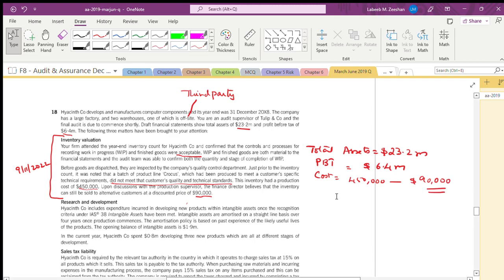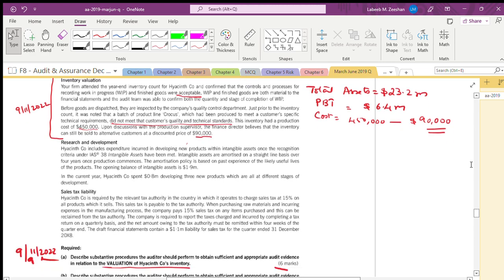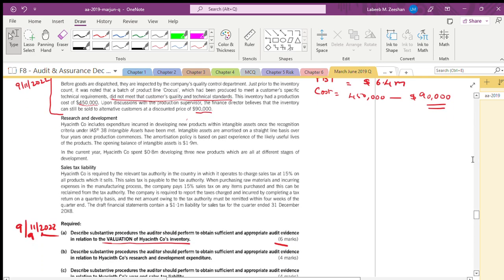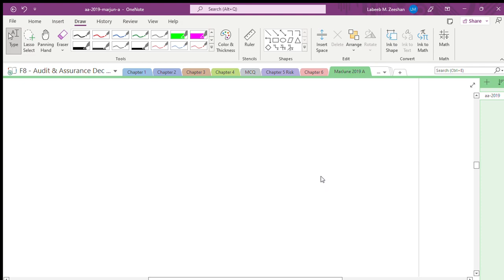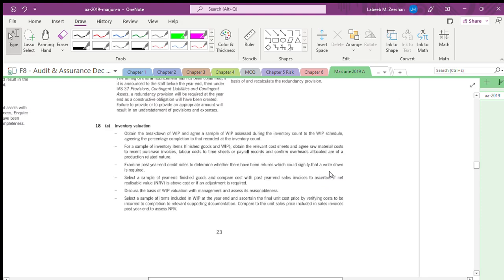Now, what we have to do is give the substantive procedures. When you are talking about the substantive procedures, be very specific.